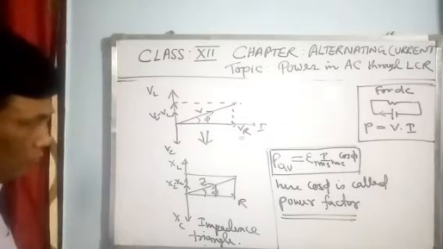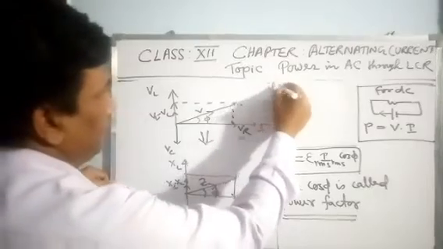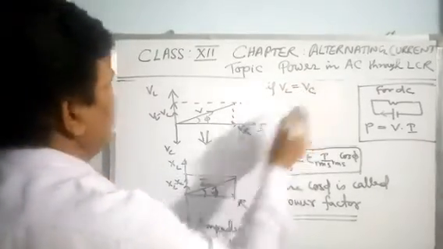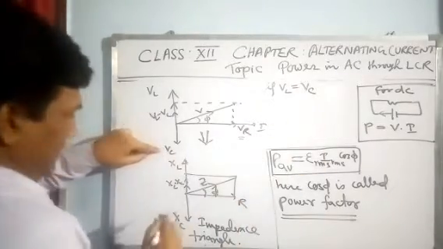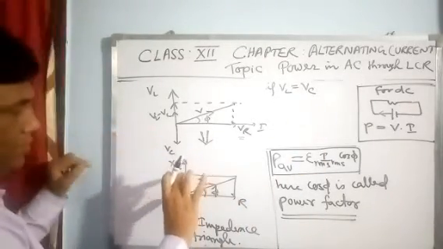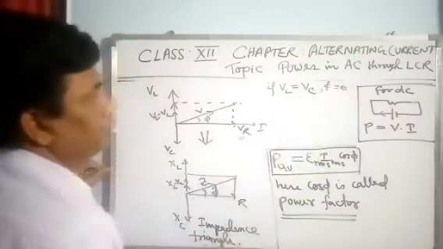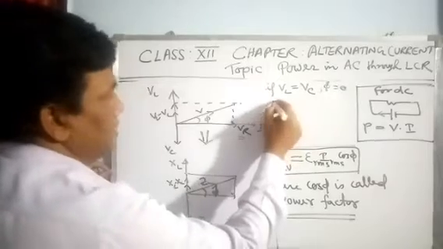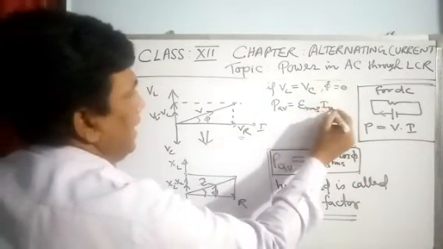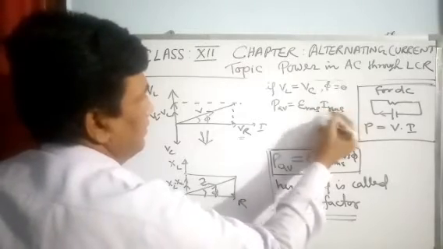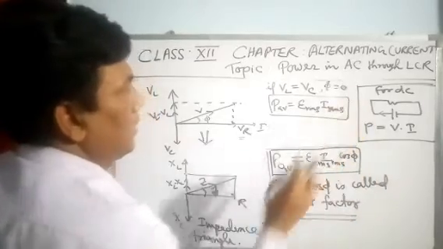You see, if VL equals VC, it means the length of this vector will be 0. So phi will be 0. It means power will be simply E_RMS times I_RMS, because cos 0 will be 1.